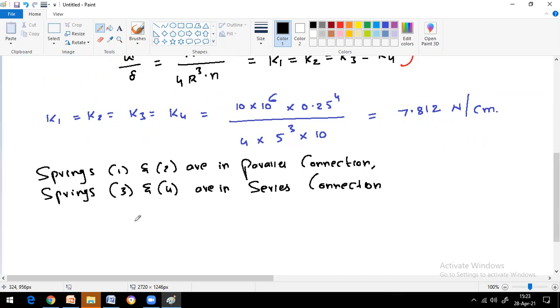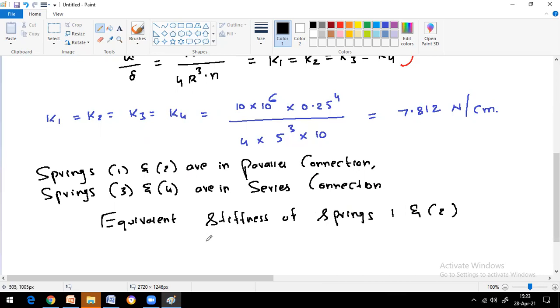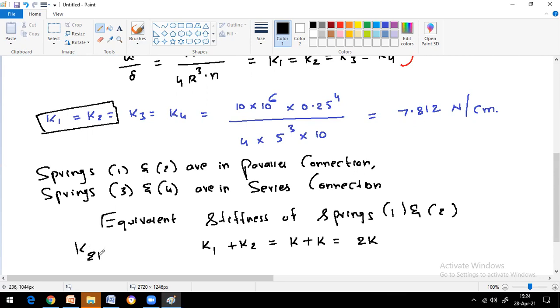So now I can write like this. Equivalent stiffness of springs 1 and 2 is K1 plus K2, which is K plus K, so it will be 2 times K. As K1 and K2 are both the same, you can consider it as 2 times K. This is the equivalent stiffness, K equivalent.